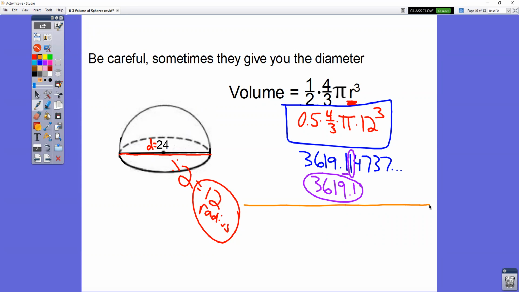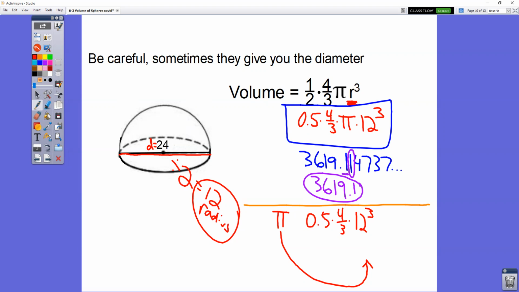If we were doing a question where we're leaving it in terms of pi, you're going to multiply everything except for the pi symbol. So 0.5 times 4/3 times 12 to the third power. Again, all that we're going to do with the pi symbol is just take it and stick it at the end.